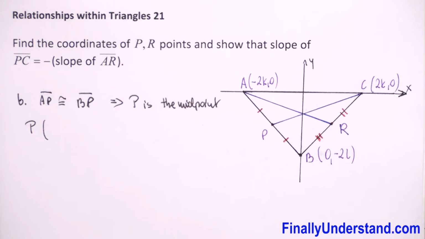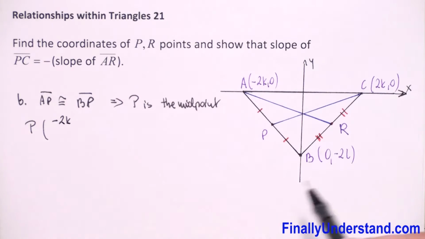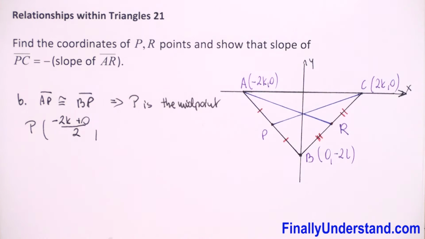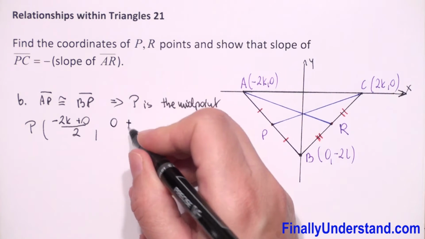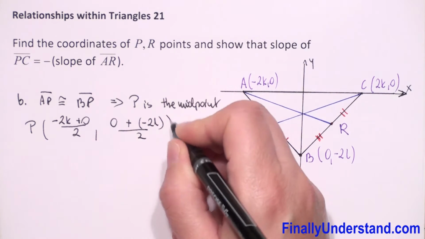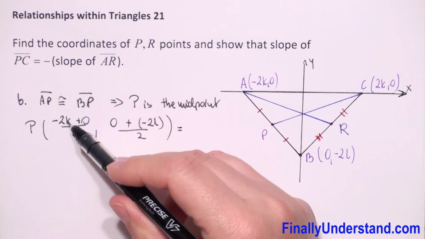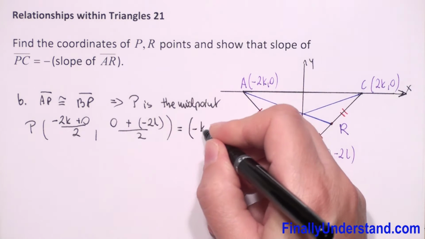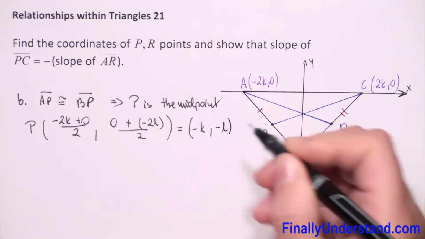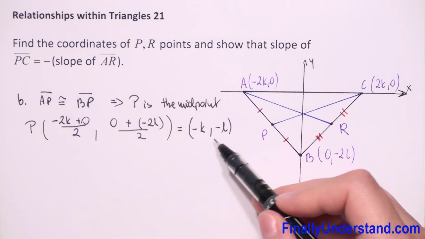So we will have negative 2k plus 0 over 2, and the second coordinate is 0 plus negative 2l over 2. This is equal to negative 2k over 2, so negative k, and negative 2l over 2 is negative l. So we have the coordinates of P point. It's negative k, negative l.